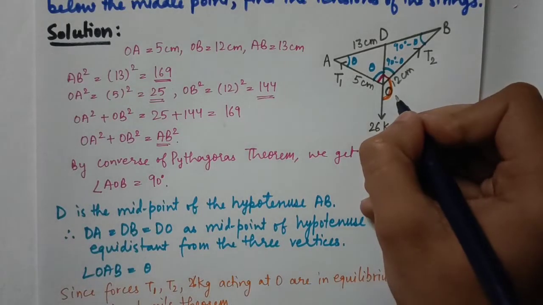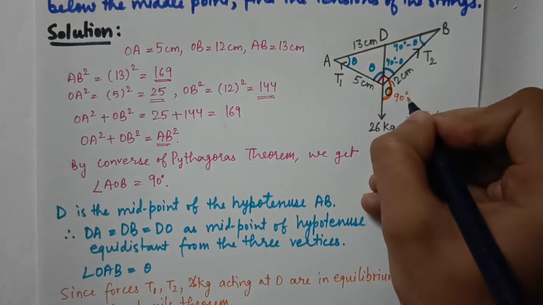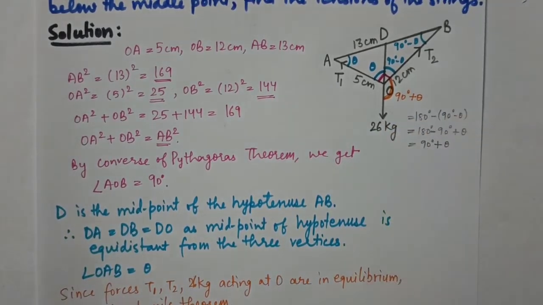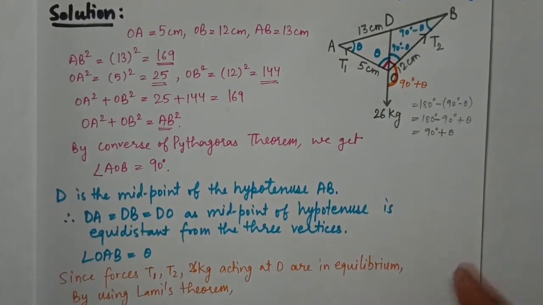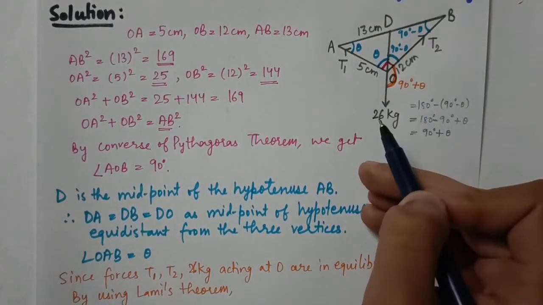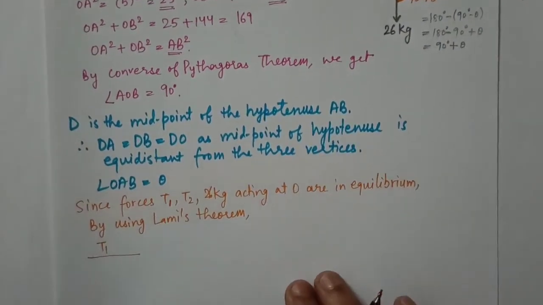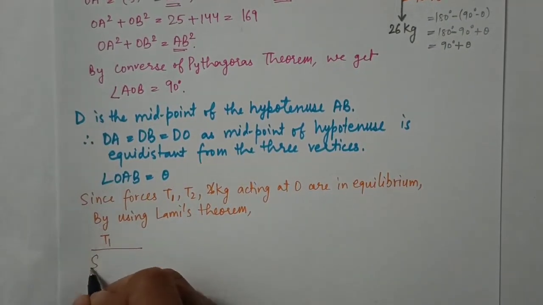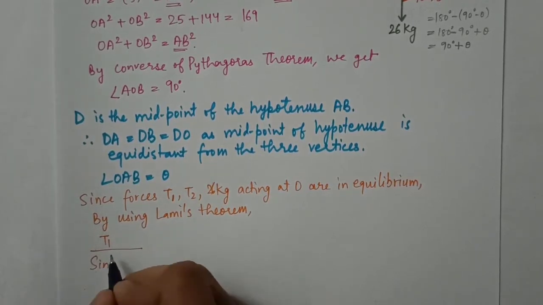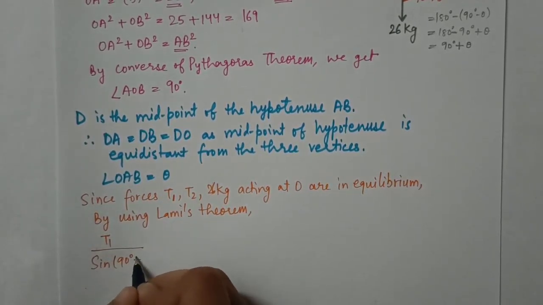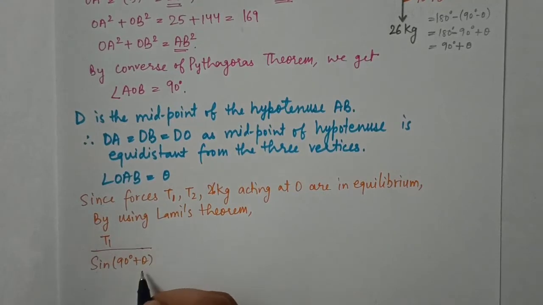So this angle, I am going to write it here, its value is 90 degree plus theta. So this is between the forces T2 and 26 kg when we are considering the force T1. So definitely in the denominator, the sine of which angle will be there? 90 degree plus theta, which is the angle between the other two forces.